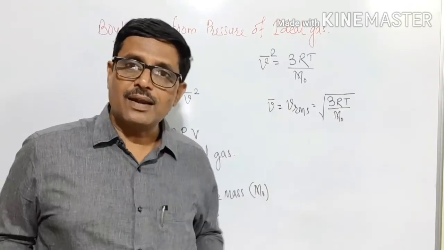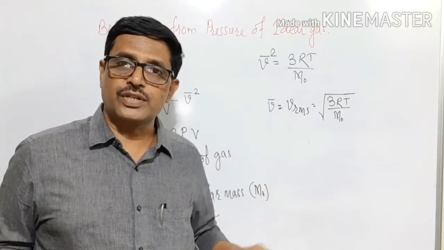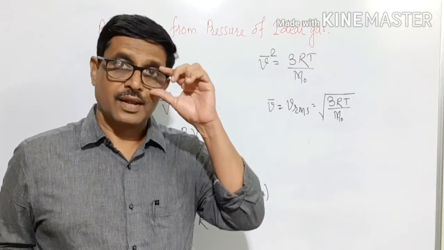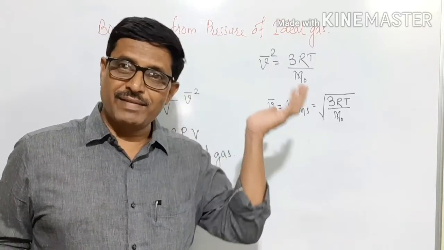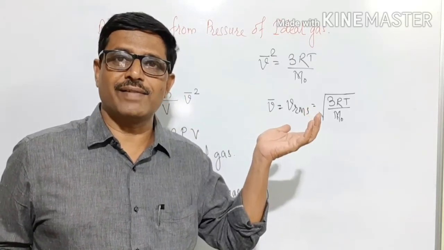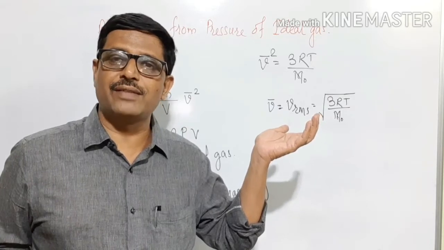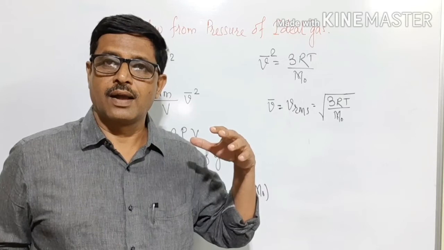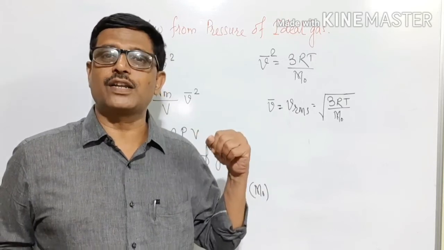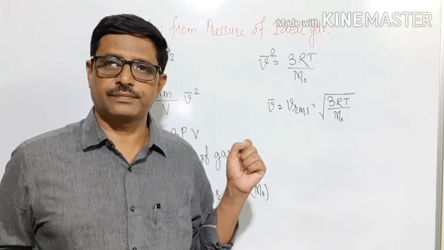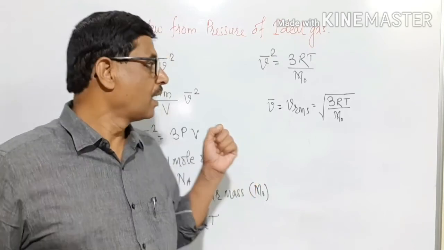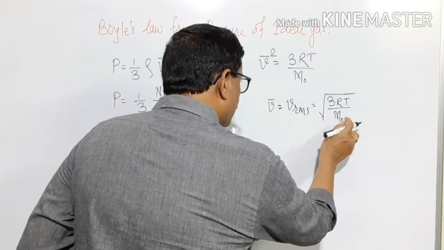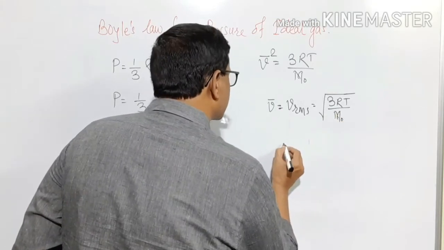Now, capital R is the universal gas constant, which is the same for all gases. In the previous lecture, we said that the value of capital R is 8.314 joule per kilomole per Kelvin. It is the same for all gases, and M0, the molar mass of a given gas, is constant.